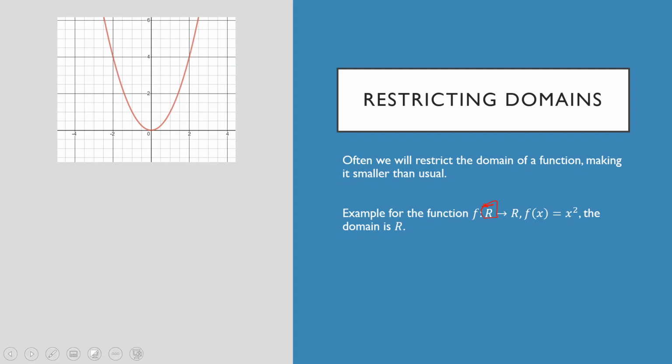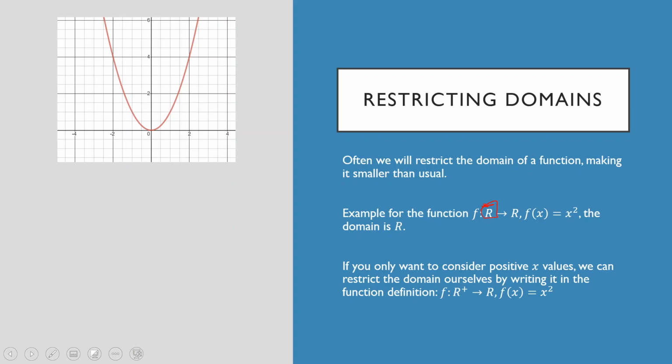Sometimes you might like to restrict the domain though. So let's consider another example where we're only considering positive x values. Positive x values means your x values start at 0 but not including 0 because it's not positive, and they move on forever to positive infinity.